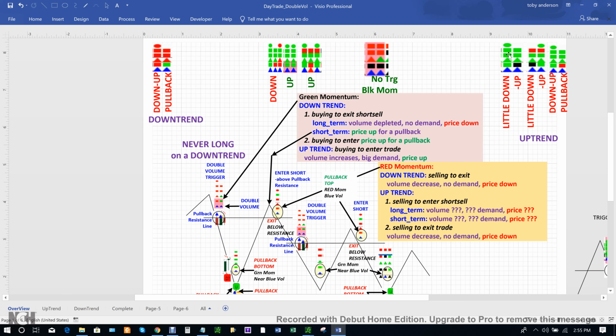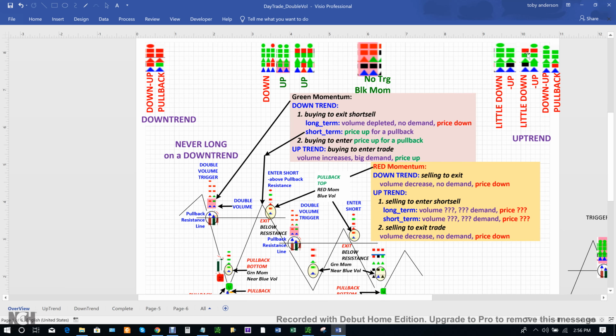If it's red, this top row is red for downtrend. Over here in the uptrend part, you're looking for green. There are cases where you'll have red on the long-term trend, and then the next row is the green short-term trend. That's acceptable too.